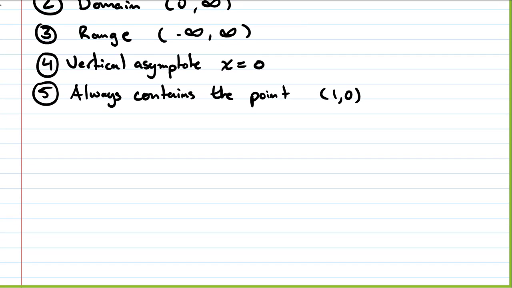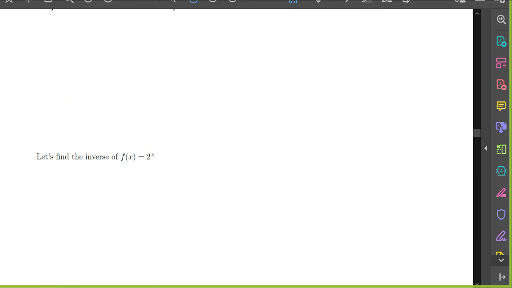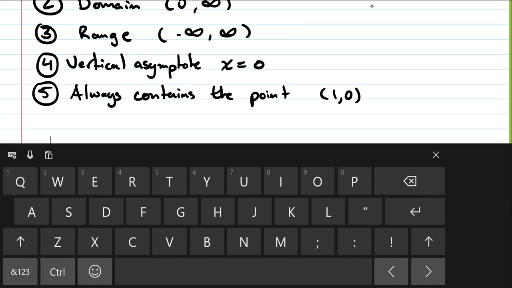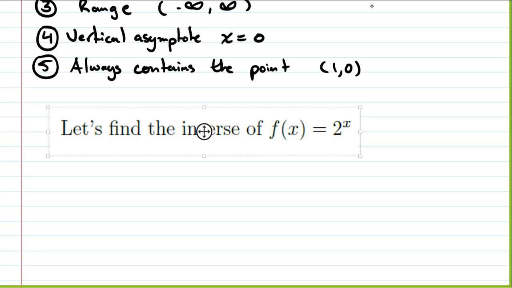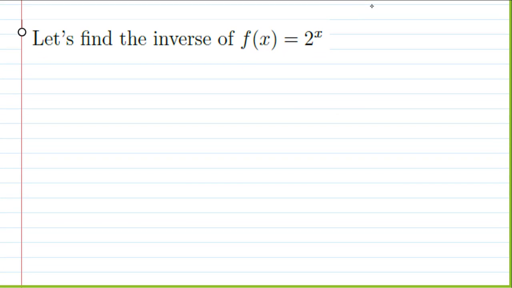We'll leave the other two off for now as we continue to talk about this. So let's go ahead and try to find the inverse of f of x equals 2 to the x. The first step in finding inverses is we replace f of x with y.